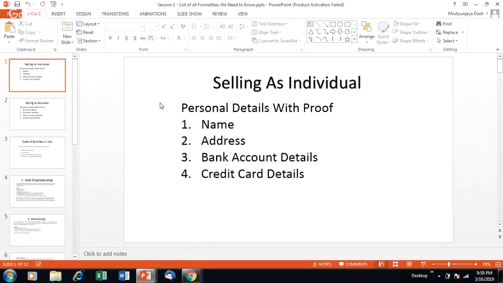In our case, it is up to each individual's decision, whether individual or business. As I move on, I'll tell you the pros and cons of individual and business, so you will get an idea. But for now, I'll just cover what is required.